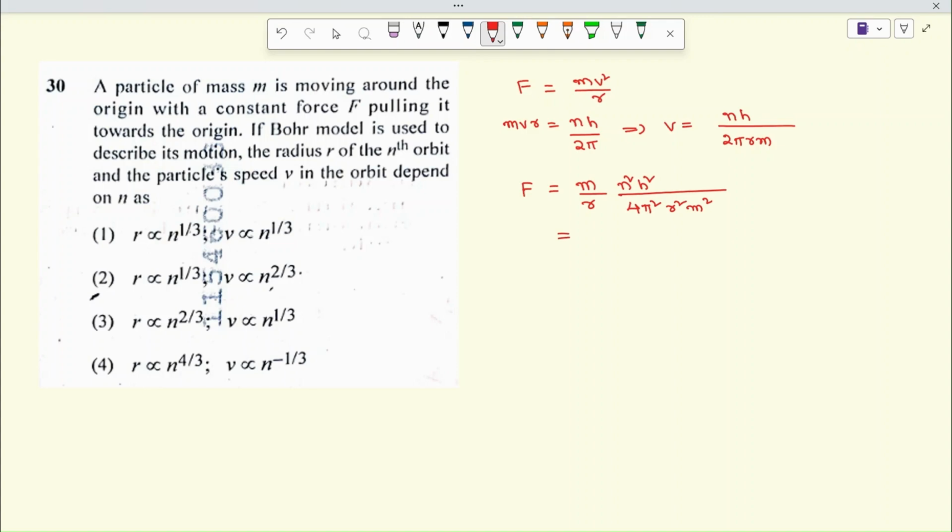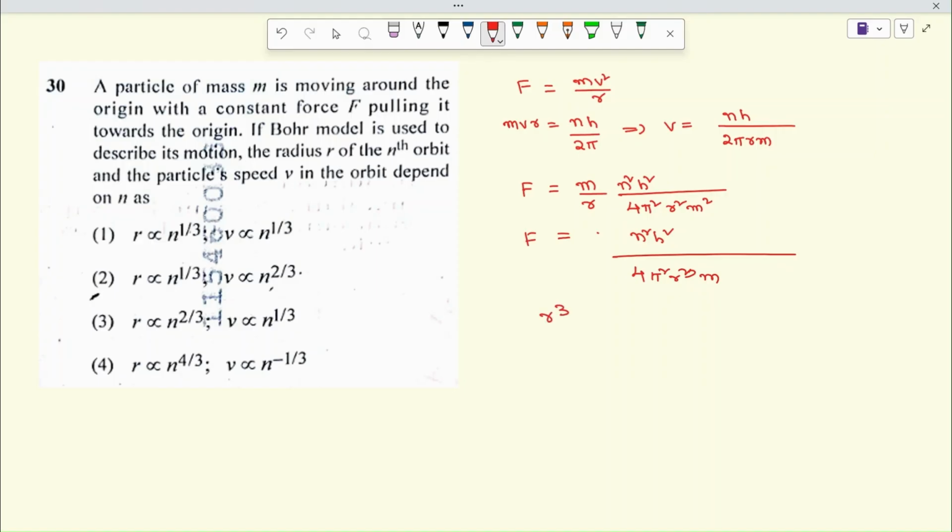Now simplify this one. You will get the force is equal to n square h square by 4 pi square r cube into m. Right? This will be the force. And the total force is constant. So now write the relation between r and n.